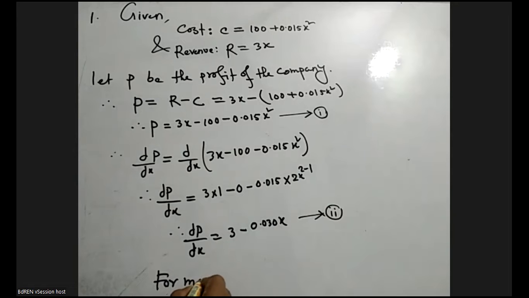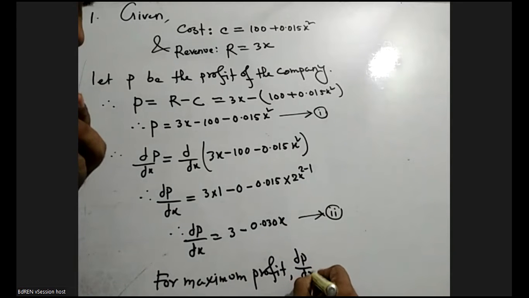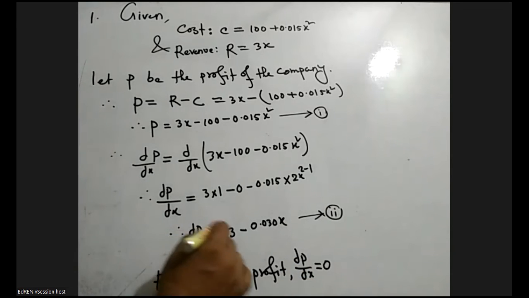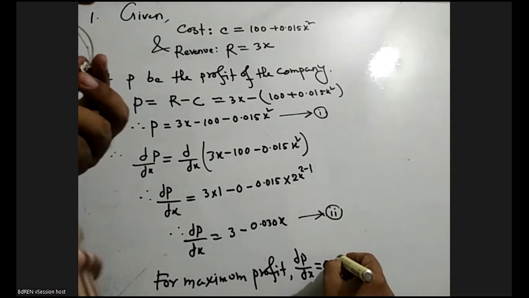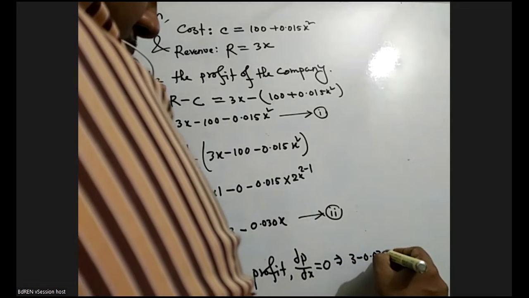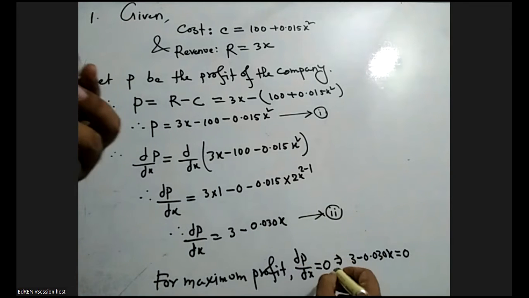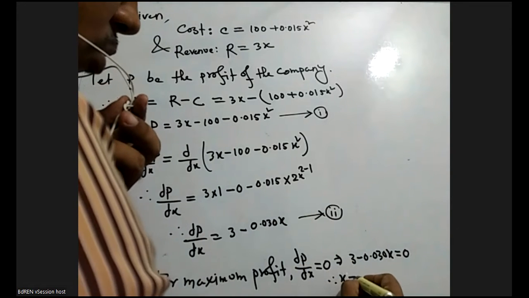For maximum profit, first derivative of the profit function will be what? 0. dP/dx will be 0. Therefore, 3 minus 0.030 x equals what? 0. Because dP/dx equals 0 from equation 2. Therefore, x equals what will be?